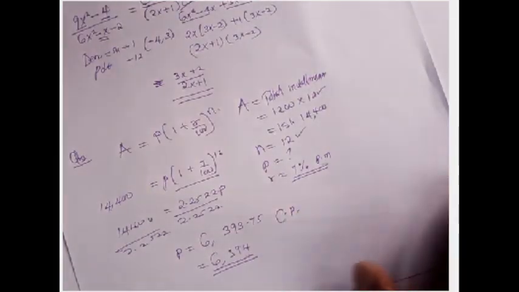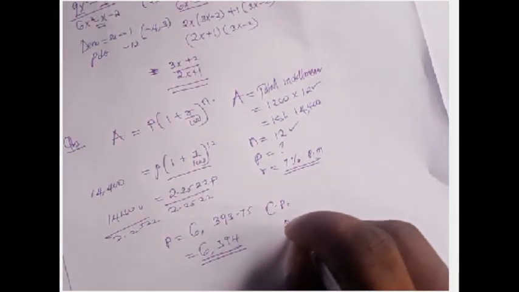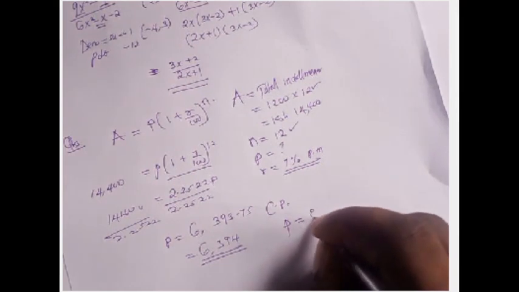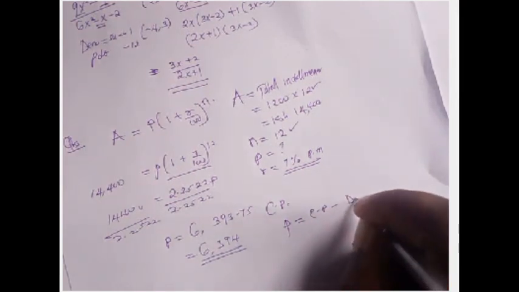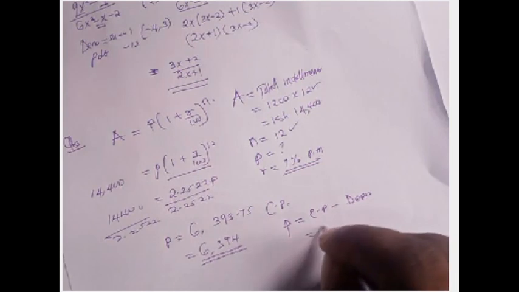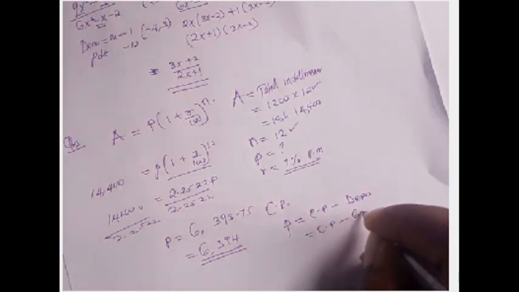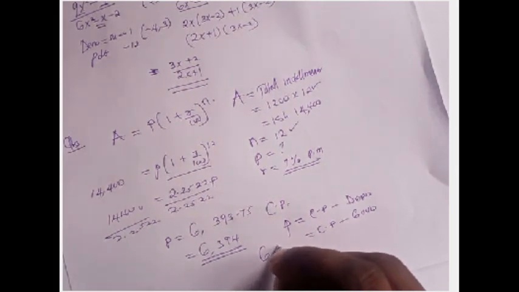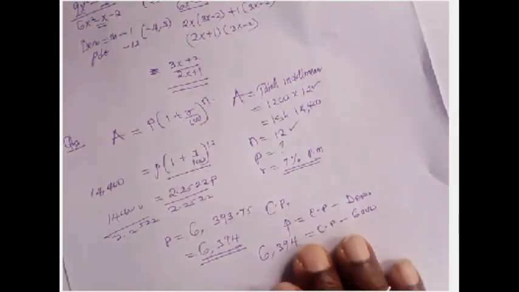We know that in hire purchase, principal, that's the borrowed amount, is always equal to cash price minus deposit. So cash price minus deposit of 6,000 is equal to 6,394.